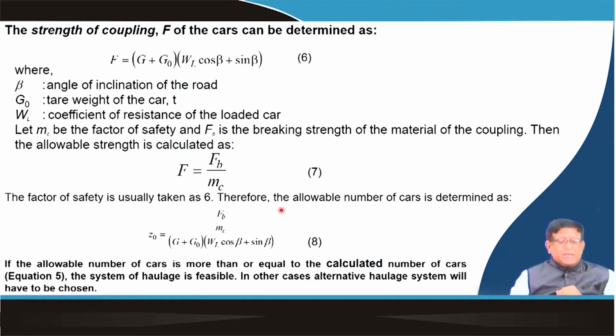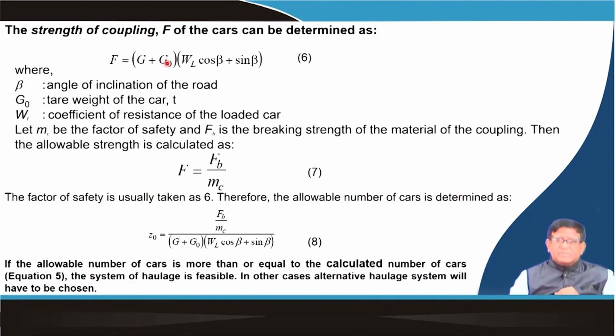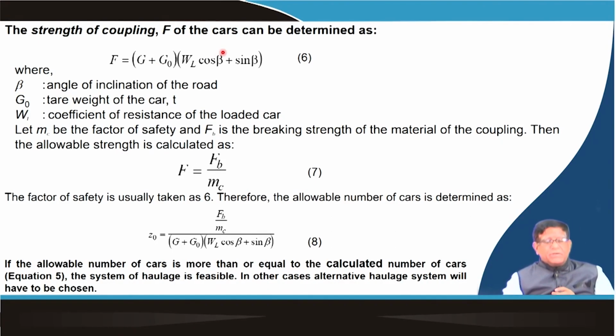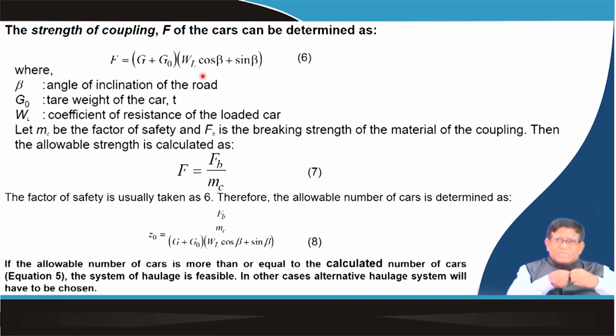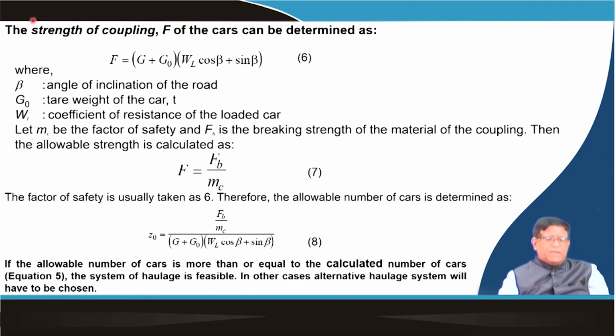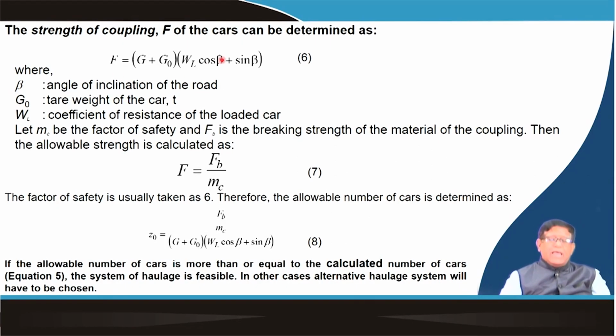This will depend on the total weight, Z plus Z naught, that is, the mine car's total load, and on the angle of inclination, how much load it is coming. That total load which comes between two cars is calculated by this equation, which depends on the angle of inclination and the coefficient of resistance of the loaded car.